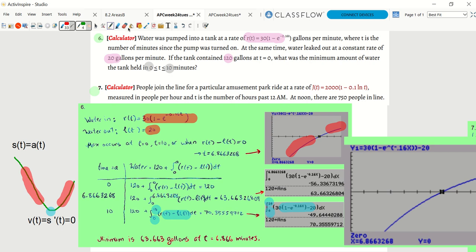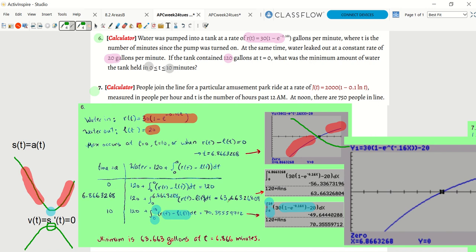If it went in reverse, if your graph looked like the green one, the slope would go from positive to negative, which means it would be a max. So we know this must be a local minimum.